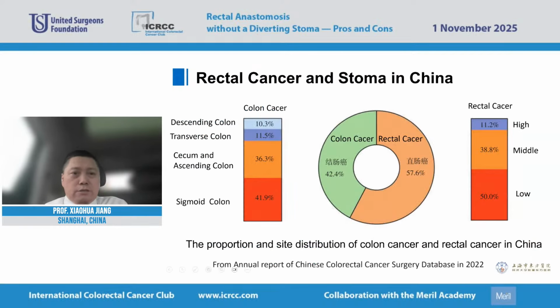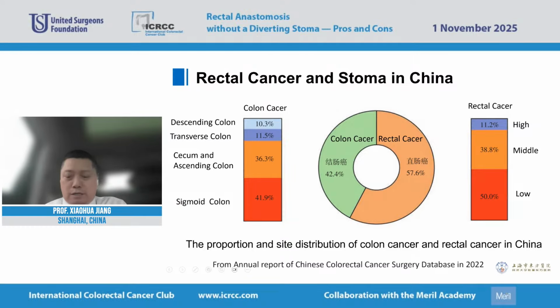From the annual report of the Chinese colorectal cancer surgery database in 2022, rectal cancer covers around 58% of all colorectal cancers. In the rectal cancer group, 50% are low rectal cancer and 38% are middle rectal cancer.